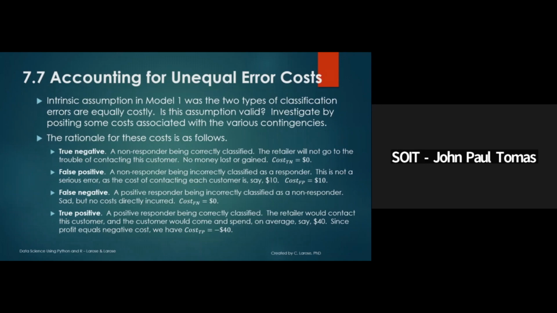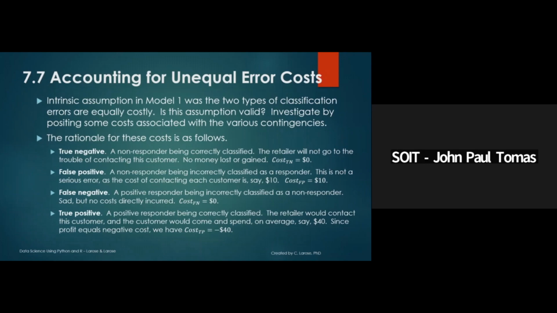Now, the false positive, these are non-responders being incorrectly classified as responders. This is not a serious error at all, as the cost of contacting each of these customers is, say, for example, $10. So the notation will be cost sub FP equals $10, for example.